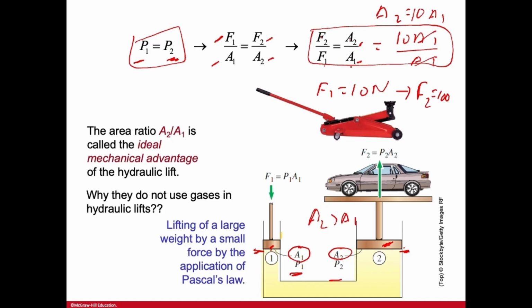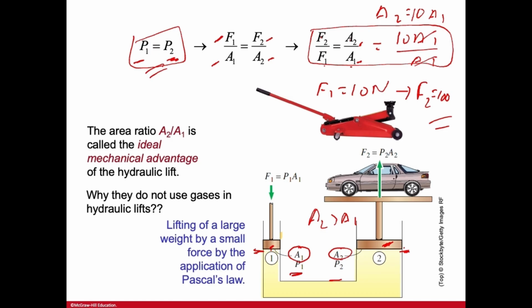Just because the area has changed but the pressure remains the same, the force gets multiplied, or you can enhance the force, right? So this is the whole concept of how you can use a hydraulic jack to lift your car. I'm pretty sure if you try lifting a car with your bare hands, you will have some difficulty doing it, right?